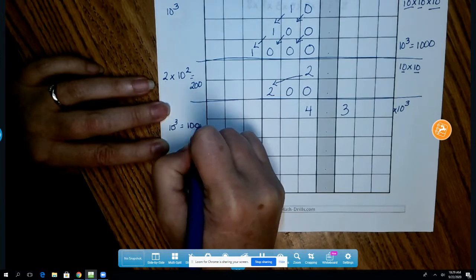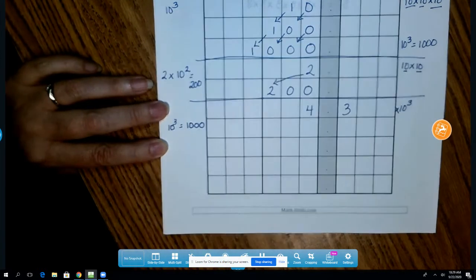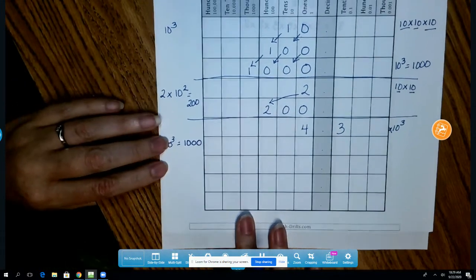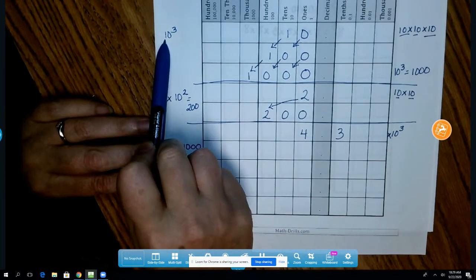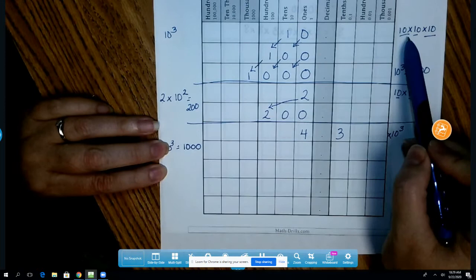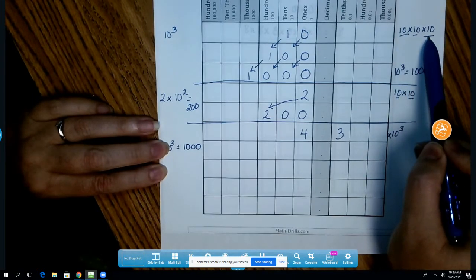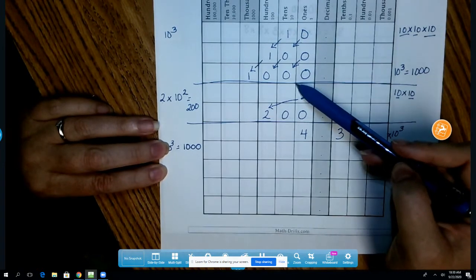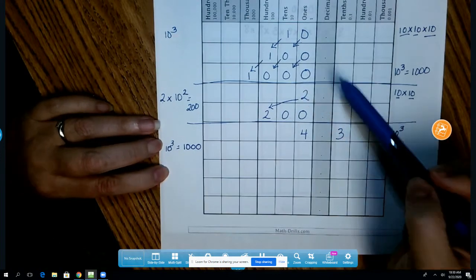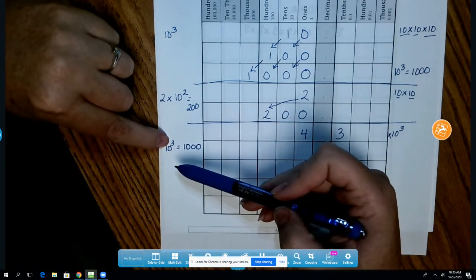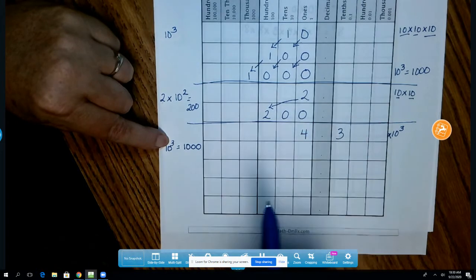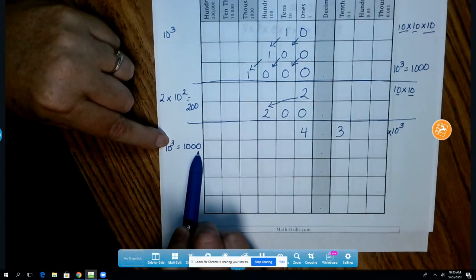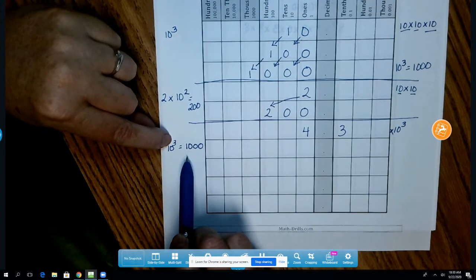1, 2, 3. So I look up here, remember 10 to the third power is 10 times 10 times 10, and we found that that came out to 1,000. Well, if I look at my exponent, I have a 3 for the exponent. There are 3 zeros. That is 1,000.